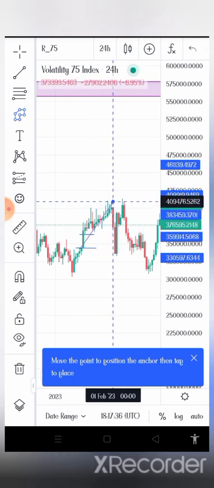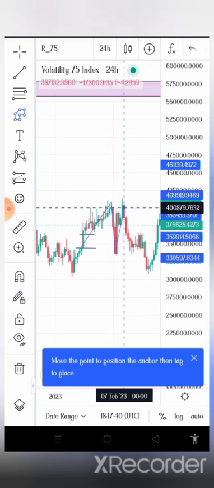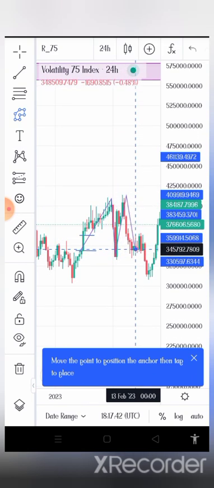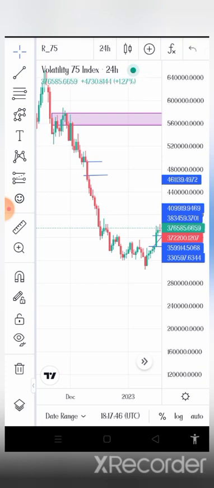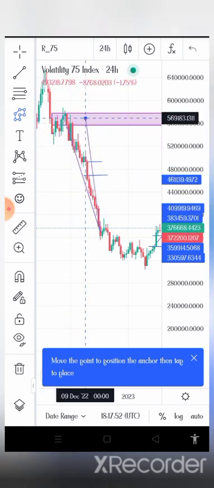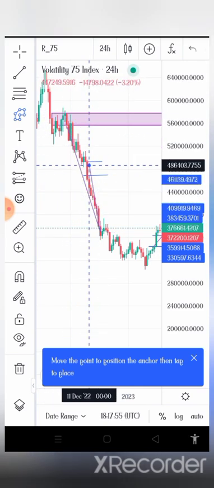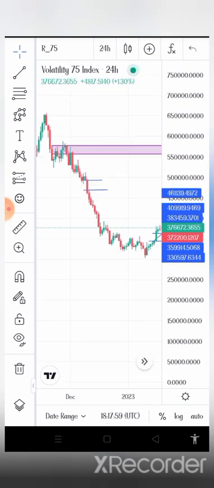Expansion happened, and it came back to fill it, mitigated another block, then it continued moving. So what I was trying to explain is that when price expands, it leaves another block up here and it creates this imbalance here. Now that's expansion.